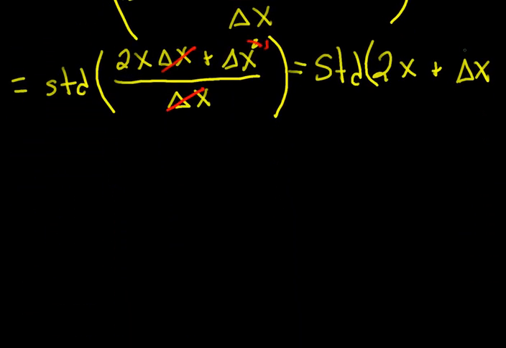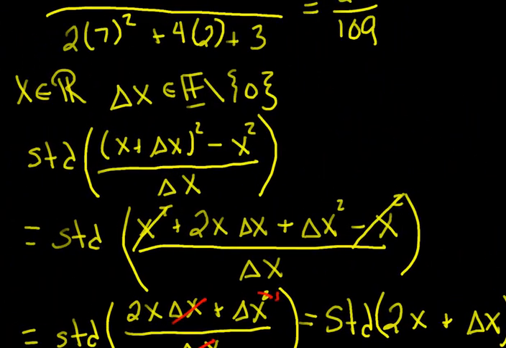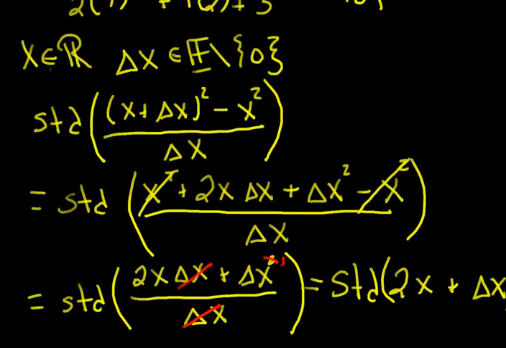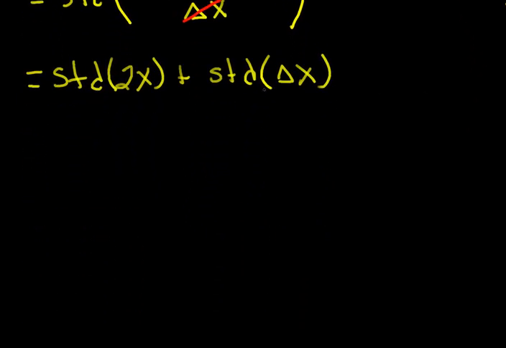Scroll down, and that is going to be the standard part because it distributes across addition, and so it's going to be the standard part of 2x plus the standard part of delta x. This is 0, and we know that x is a real number from the very beginning. x is a real number, so 2 times x is still a real number, and it is infinitely close to itself. So the standard part of 2x is 2x.